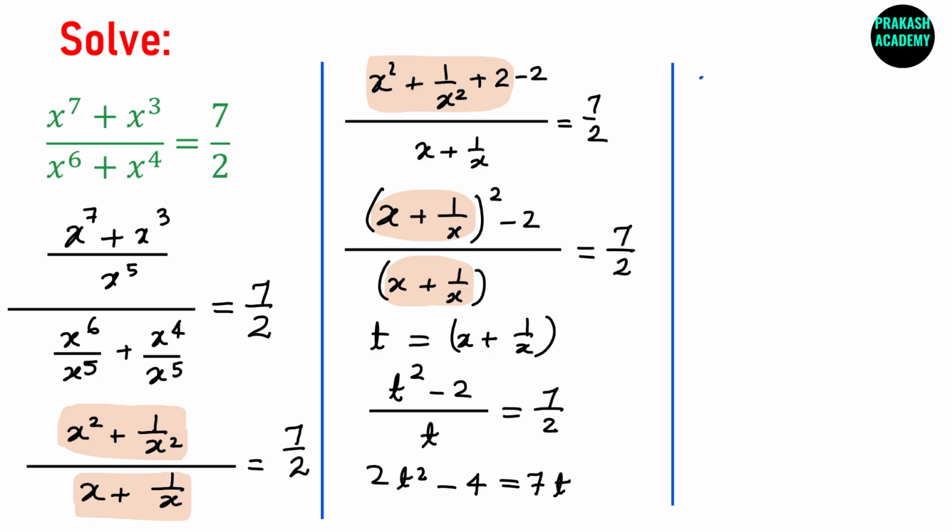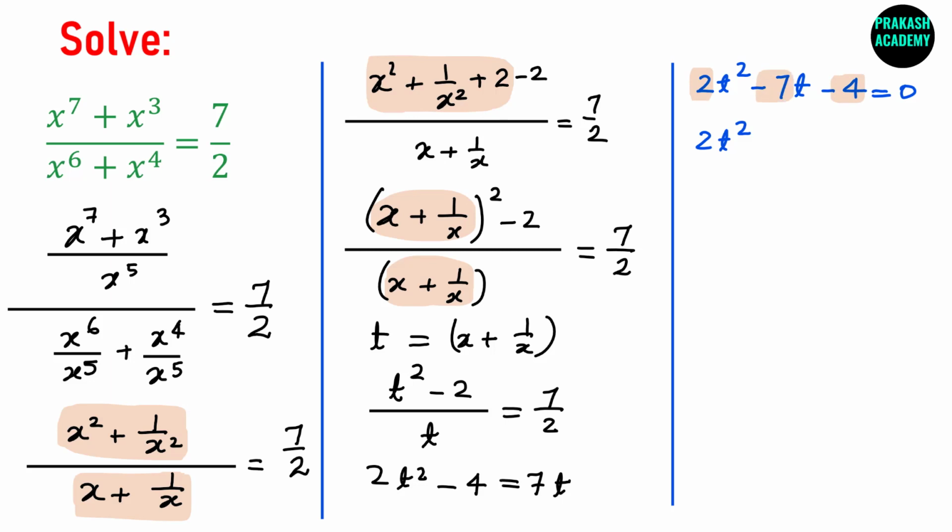Or we can rewrite it as 2t square, taking 7t to this side, minus 7t minus 4 is equal to 0. Now this is a quadratic equation. I can find its solution either using factorization or the formula. So for 2t square, I need two numbers whose product is minus 8 and sum is minus 7.